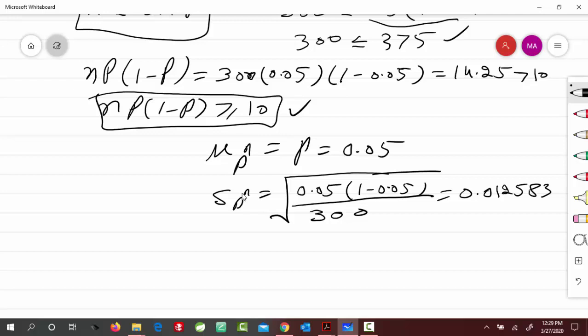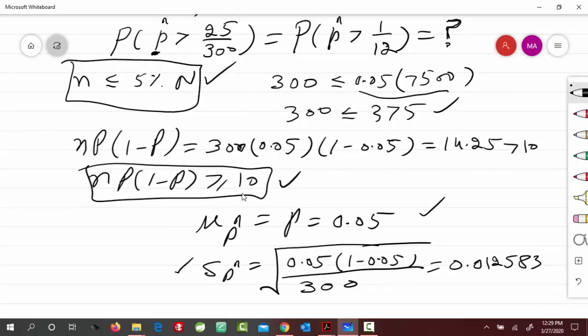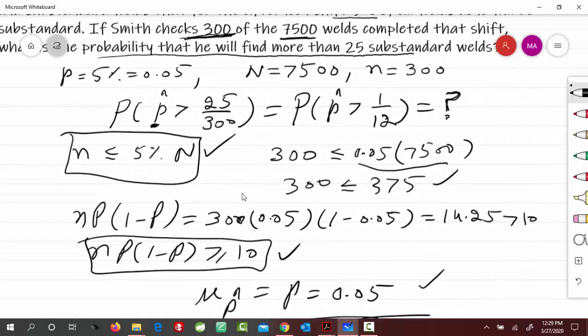So now we have the mean of p hat and the standard deviation of p hat, this sampling distribution for the proportion, so we can answer this part of the question.